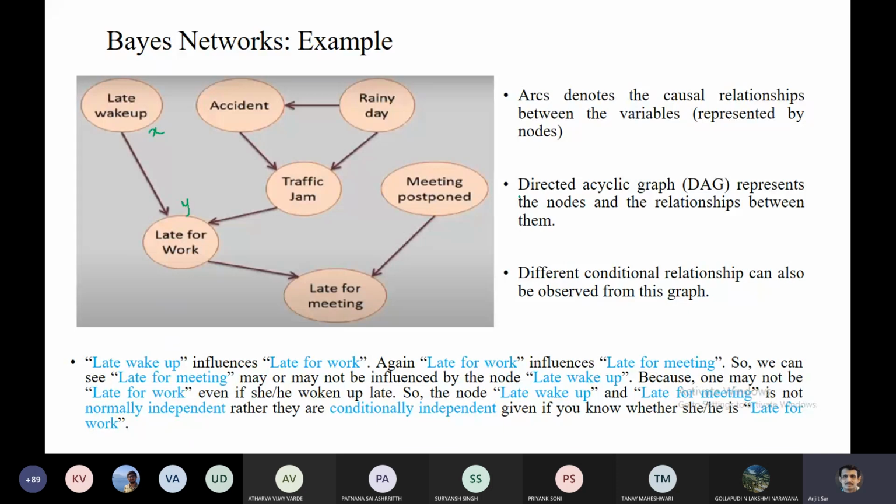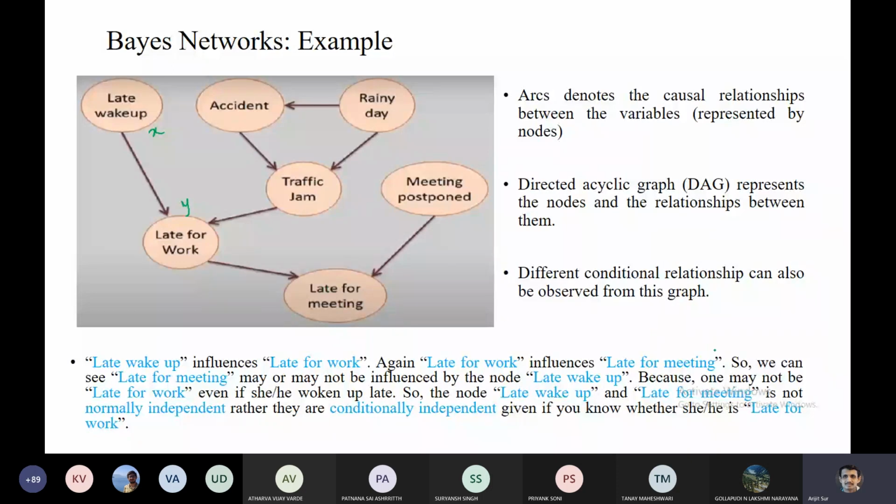For example, as I said, waking up late influences being late for work. Again, being late for work influences being late for the meeting. So we can see that being late for the meeting may or may not be influenced by waking up late. Why is this? Because being late for the meeting may depend on waking up late or on the meeting being postponed, anything.